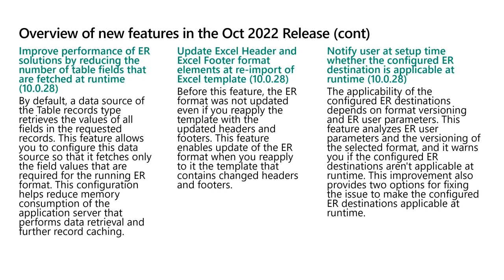By default, all the fields in the table data source, table-like data source, have been selected. Which means that it can be a lot of overhead if you need just several fields in your model mapping, for example. So this feature enables you to configure the fields which are required for this ER format.